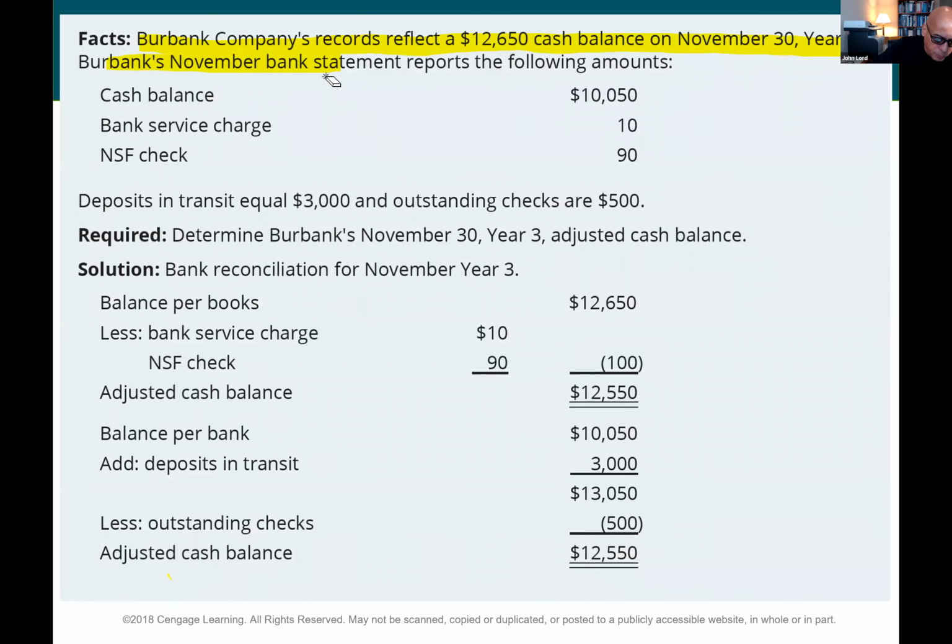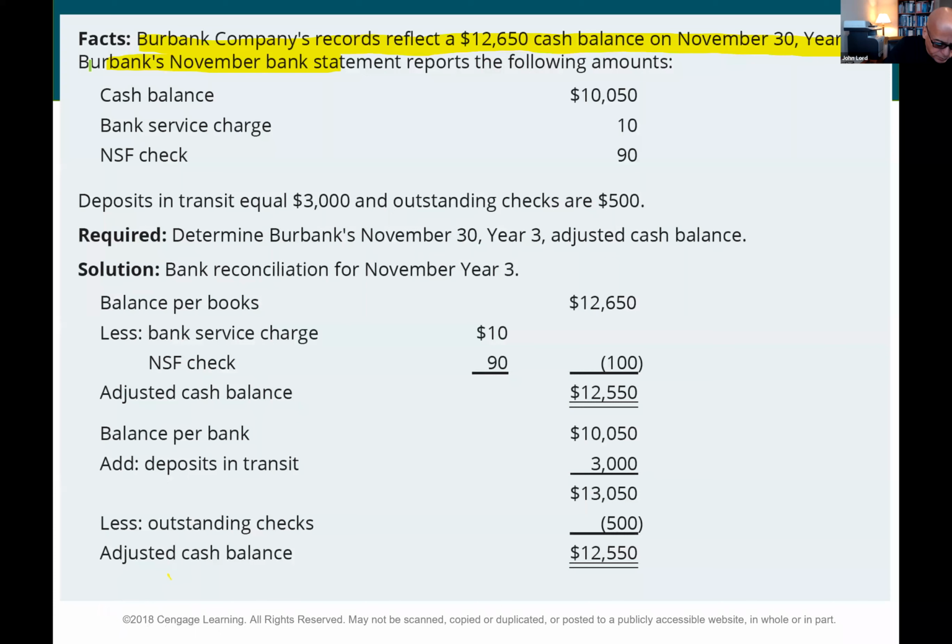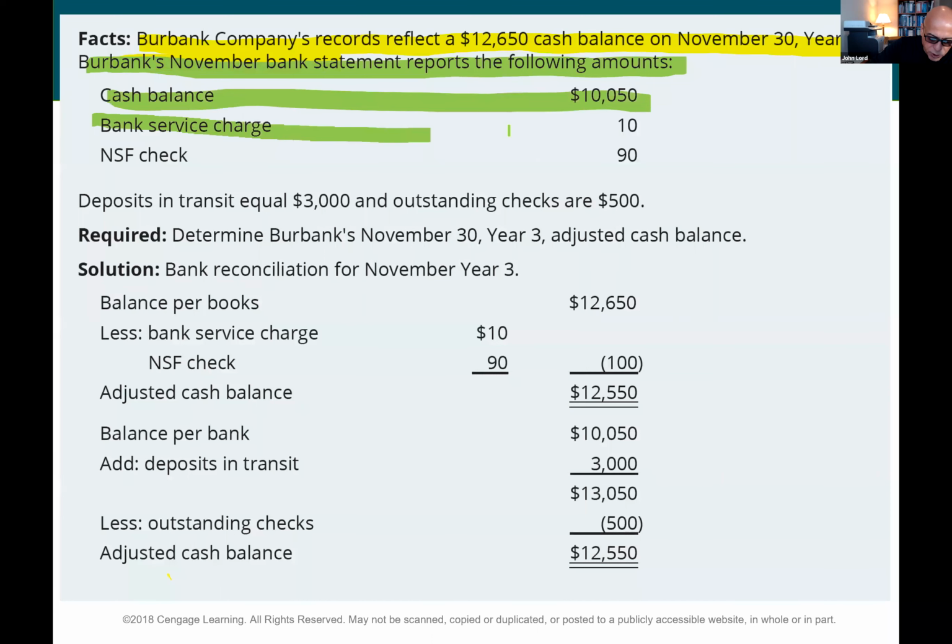And when they open the bank statement, the bank information shows the following. There is a cash balance of $10.50. There's a bank service charge of $10. There's an NSF check of $90. Now, those things in green is what the bank is saying has happened.